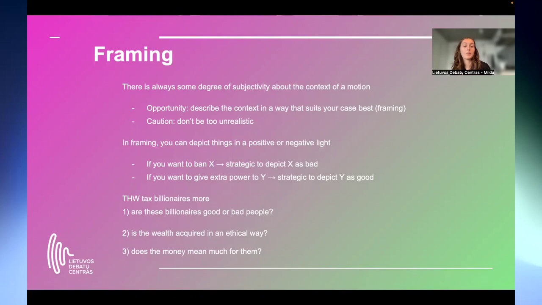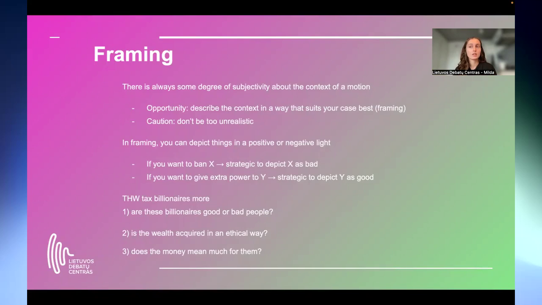So if we are debating about taxing billionaires more as a motion, some of the first questions that we should be answering to ourselves without even thinking about the arguments is about the framing of billionaires, right? So are these billionaires good or bad people?